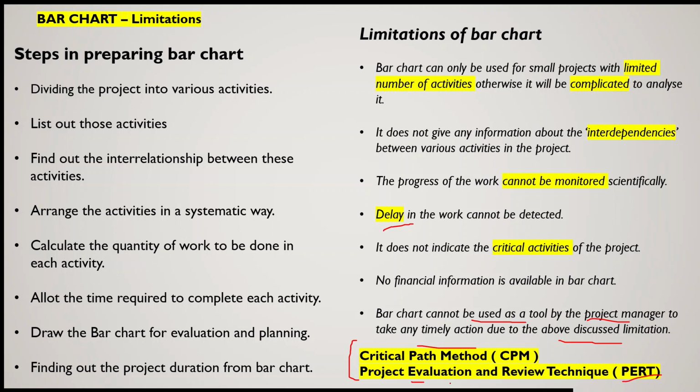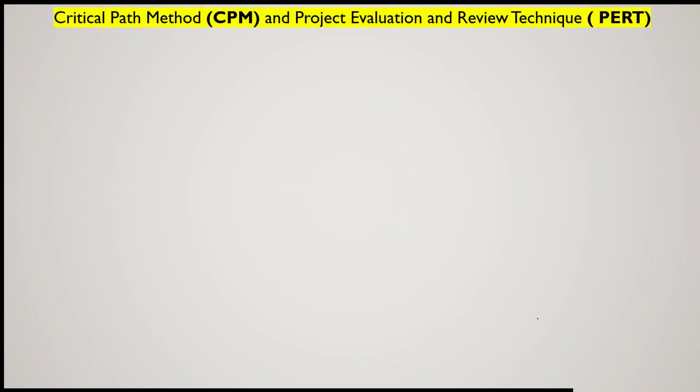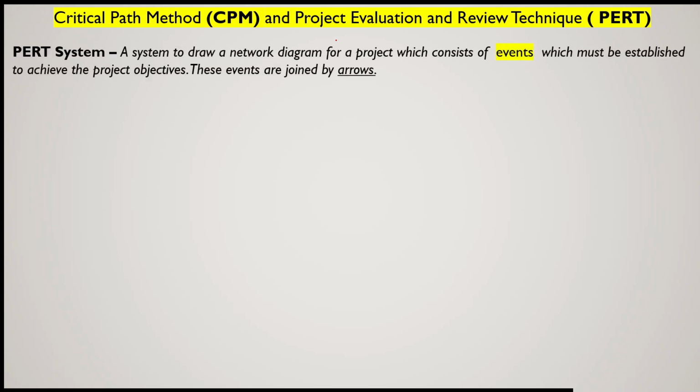So project evaluation and review, all these, as well as critical activities, we are able to consider as well as evaluate in CPM and PERT types of methodology. Now what is basically the critical path method and PERT, the project evaluation and review technique?